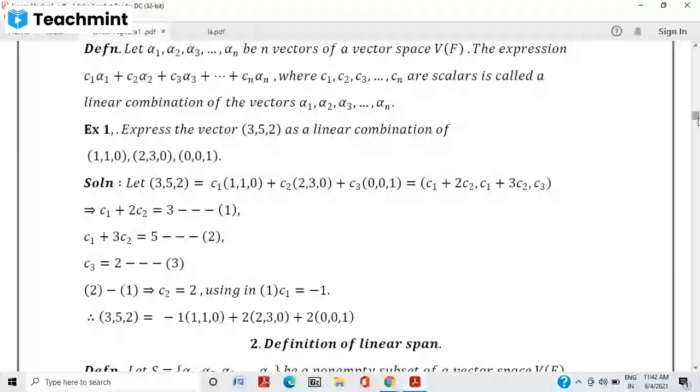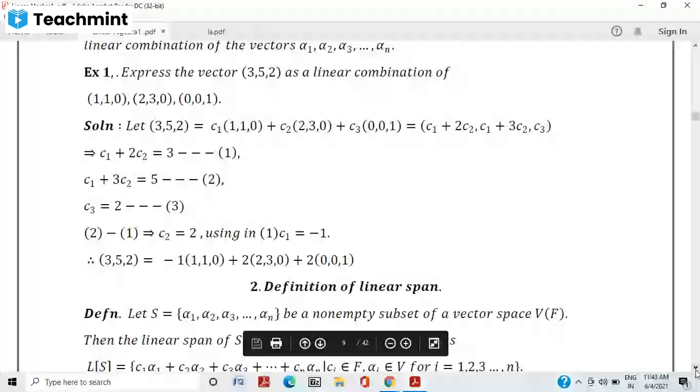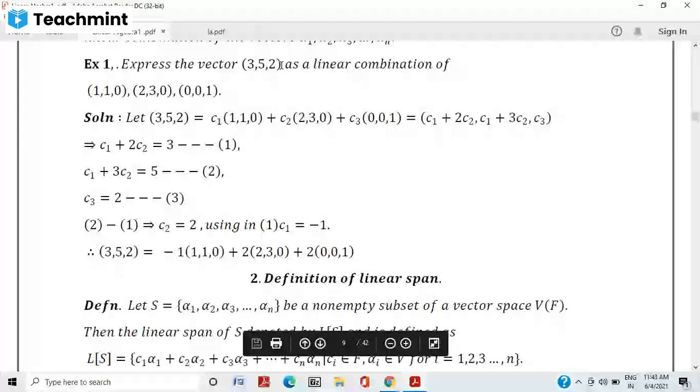Express the vector (3, 5, 2) as a linear combination of (1, 1, 0), (2, 3, 0), (0, 0, 1). How can we find that? We have to express this vector (3, 5, 2) as a linear combination of these three vectors. Then we can write (3, 5, 2) as C1 into (1, 1, 0), the first vector, plus C2 into (2, 3, 0) plus C3 into (0, 0, 1).